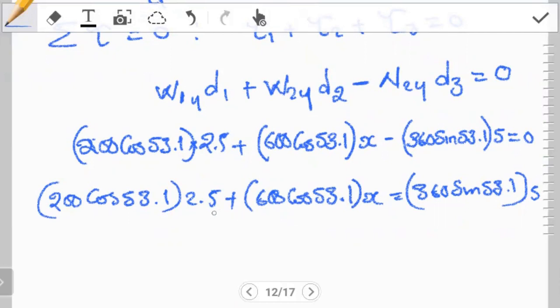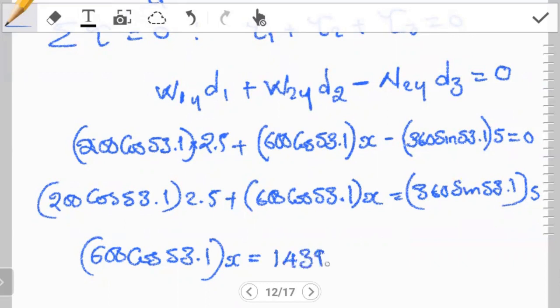When I move this to the other side so that I remain only with 600 cos 53.1 multiplying x, this is now equal to, on the other side, when I simplify this and write it to two decimal places, 1439.43 minus, and then I simplify this and write it to two decimal places, I have 300.21.